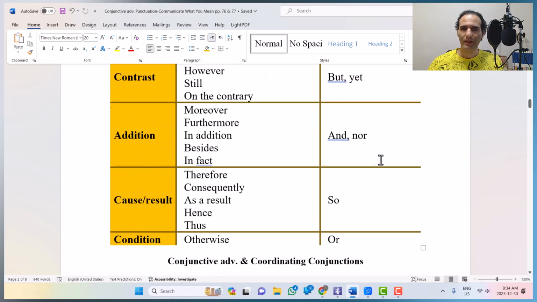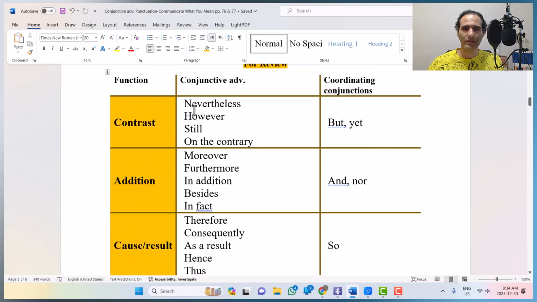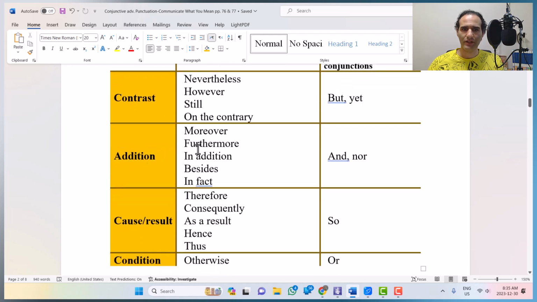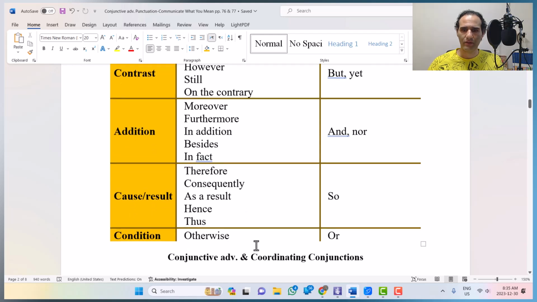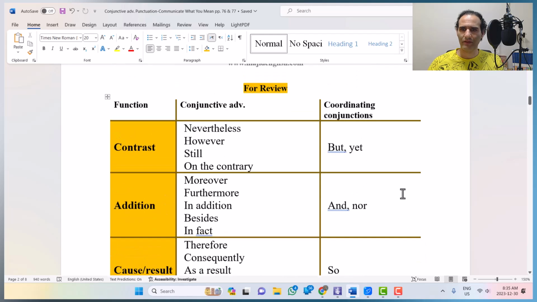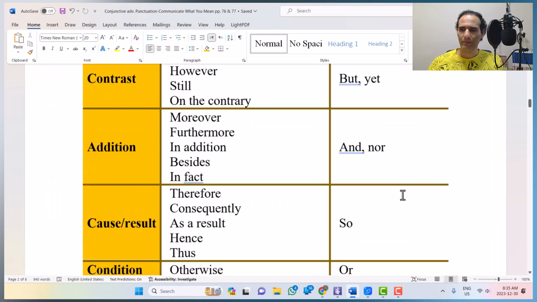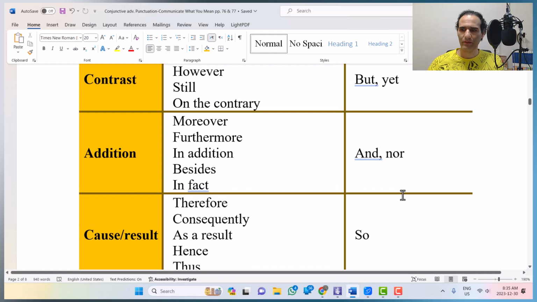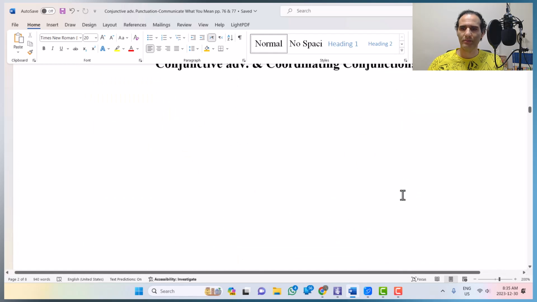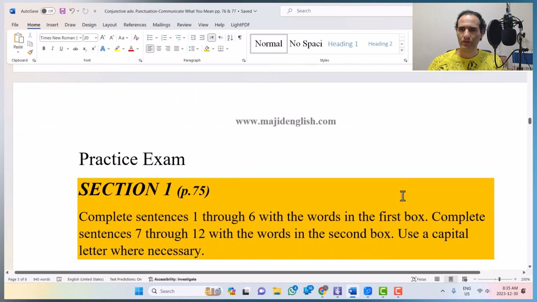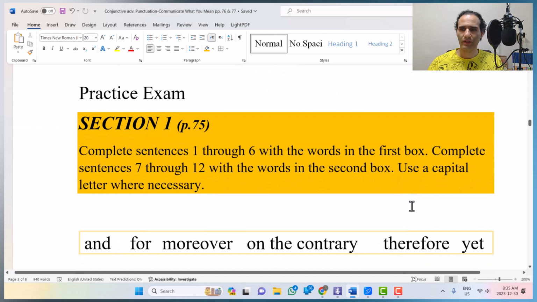Synonymous with them, we have conjunctive adverbs of contrast, addition, cause result, and condition, otherwise. Time sequence does not have any room in this table, but I have talked about this table in the previous two videos. In case you need more information on them, please go and review them.